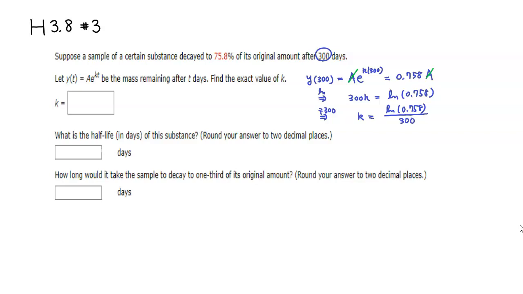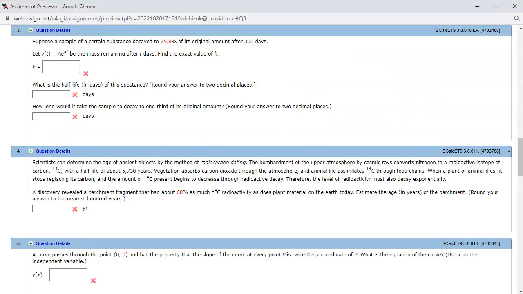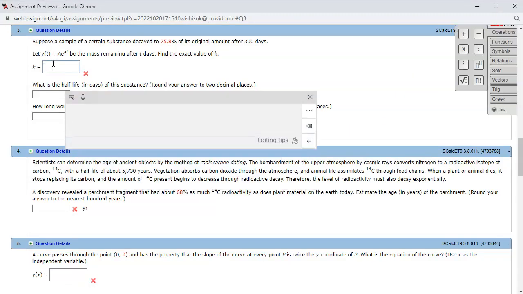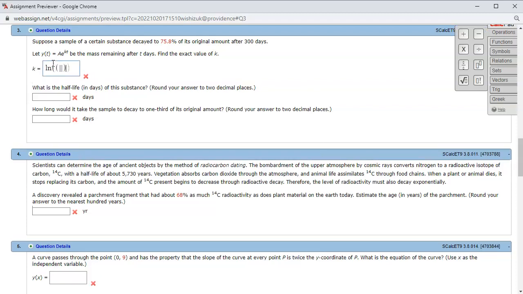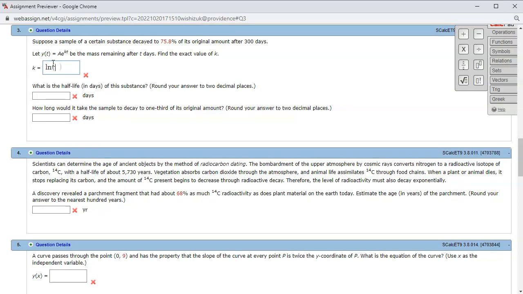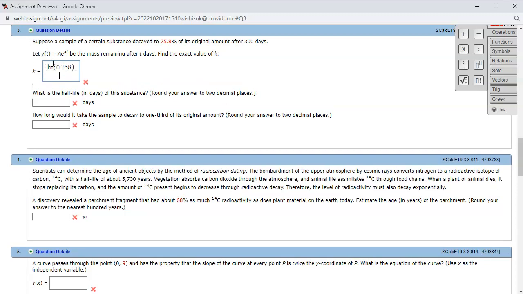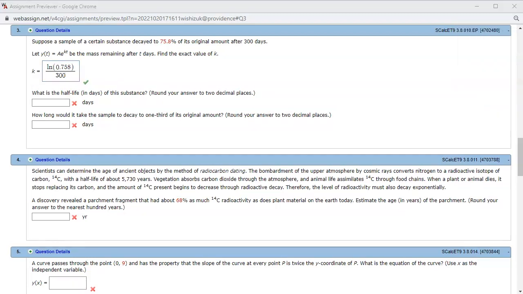Let's type it in: natural log of 0.758, divided by 300. Let's check the answer. It came back, and it looks like we got the k value correctly.